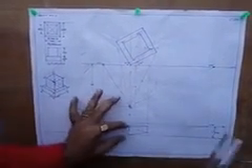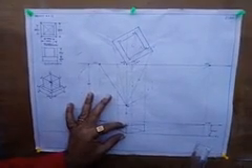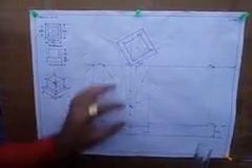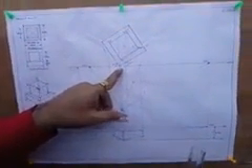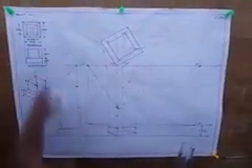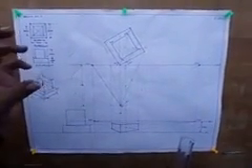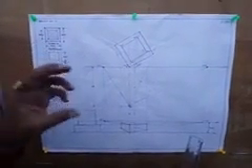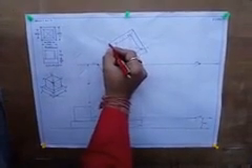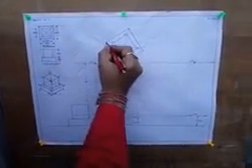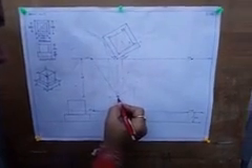The exact height is given to the edge which is on the picture plane. All the other edges will look smaller in size. Then join B dash to this station point.